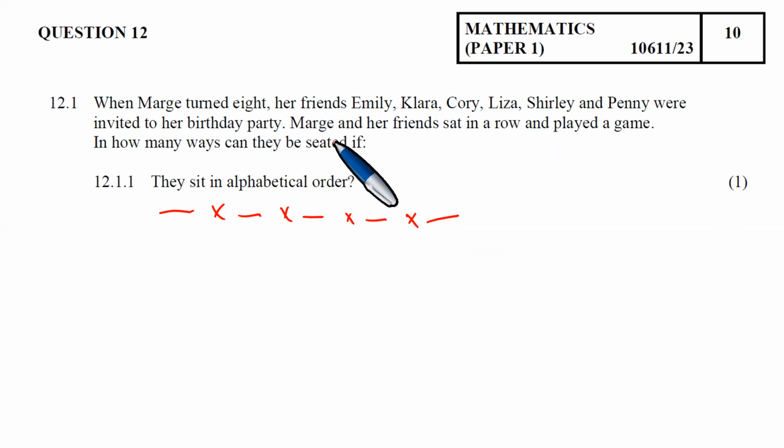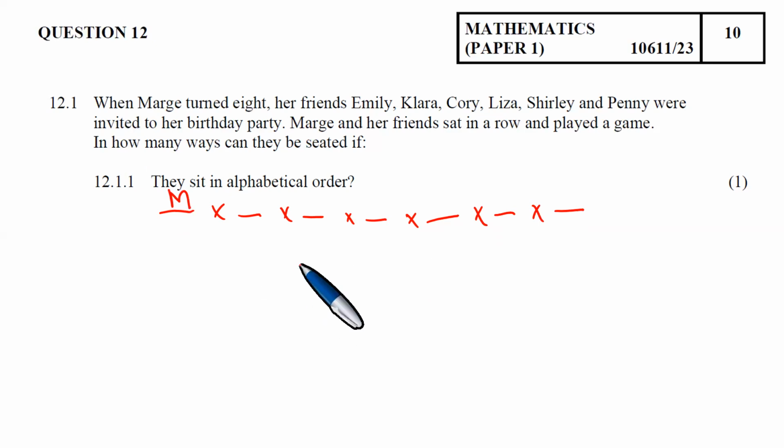So they all sat in a row and then they played a game. So how many are they now? You have 1, 2, 3, 4, 5, 6, 7. So you have Marge here. Marge can sit anywhere.